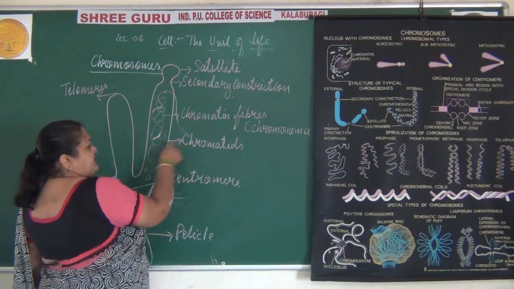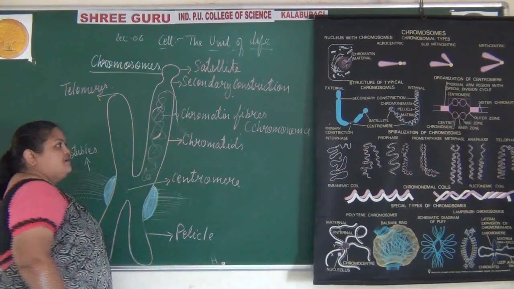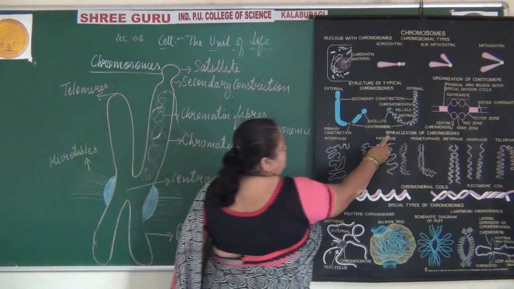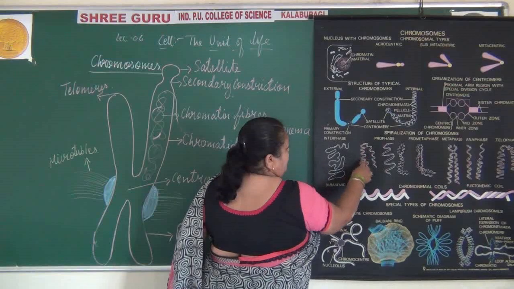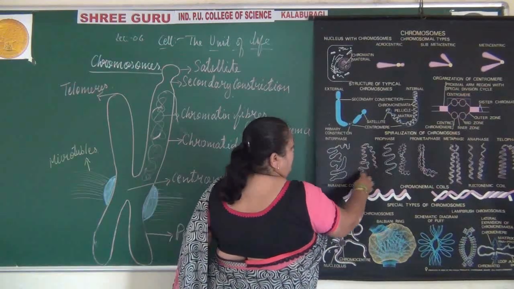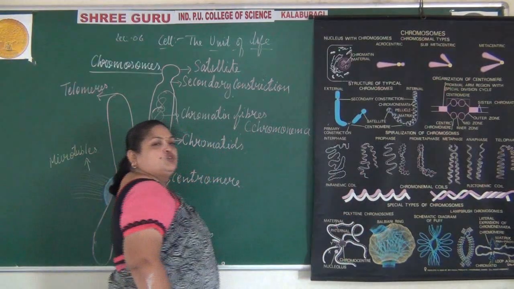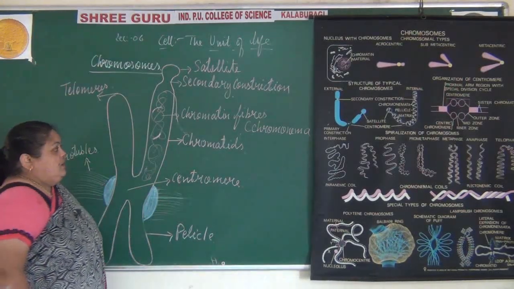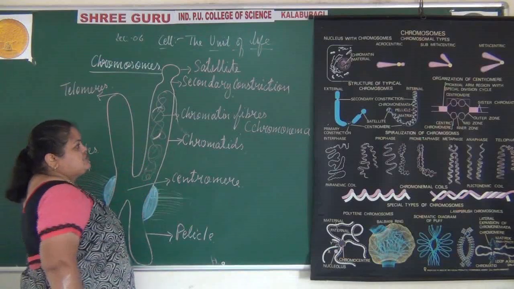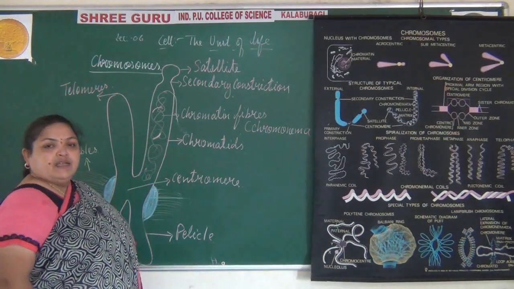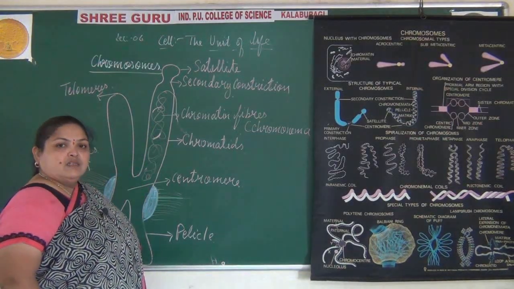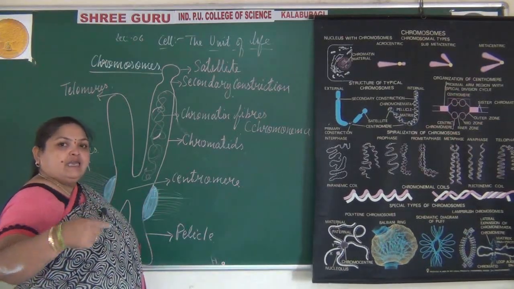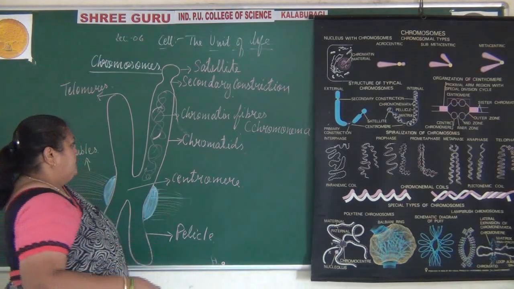These chromatids internally have the chromatin fibers, that is the chromonemma. This chromonemma shows the coiled structures of DNA with the histone protein, the thread-like chromatin fiber containing the histone protein on which the DNA is wrapped.